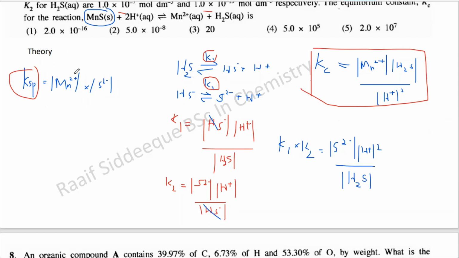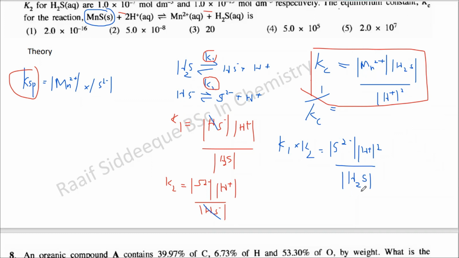What is the difference here? Here we see S2-, H+ concentration, H2S concentration. Here we see H2S, and H+ is already there in this equation. The only difference is there is a reciprocal. If you take 1 over Kc here, you can understand this will be reciprocal, but you don't see Mn2+.